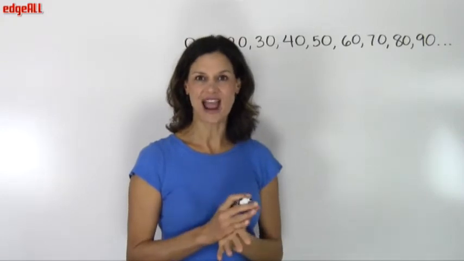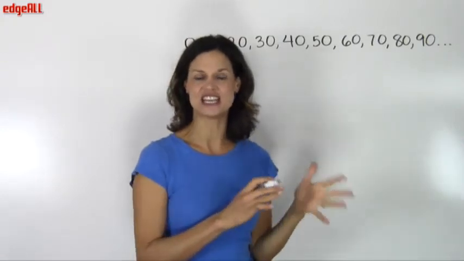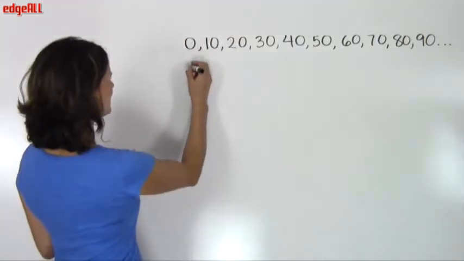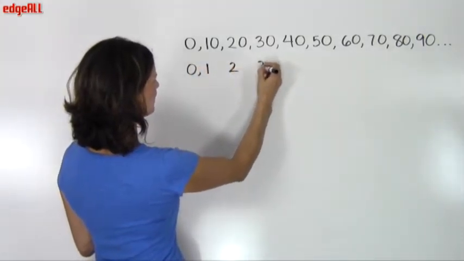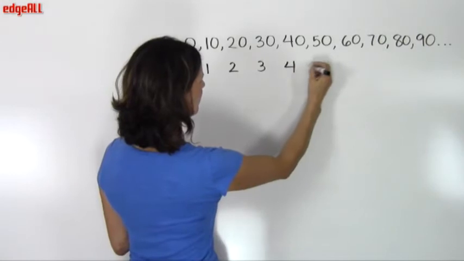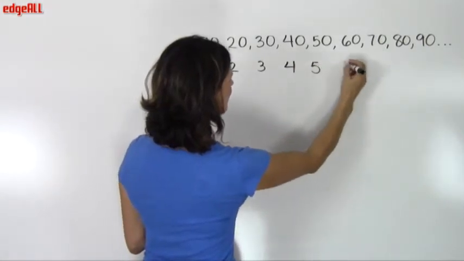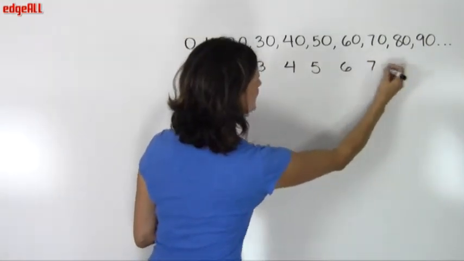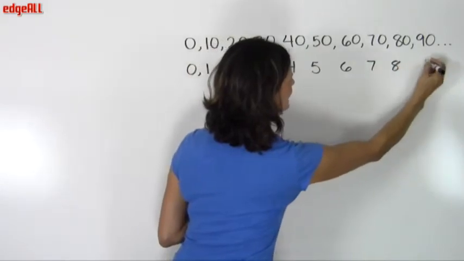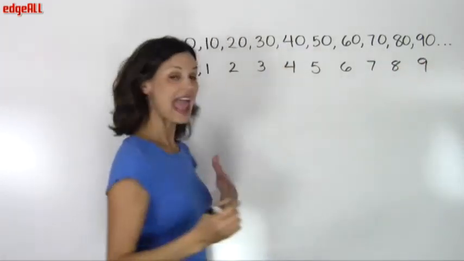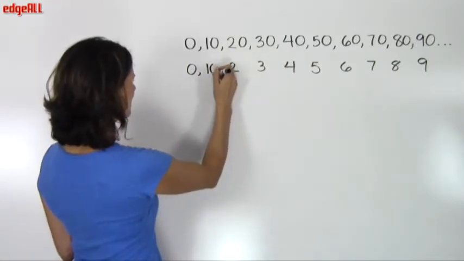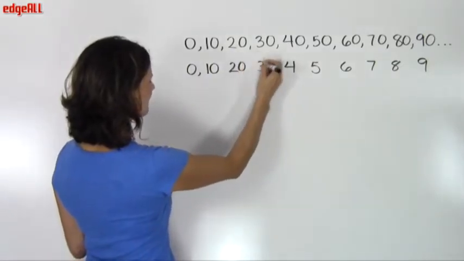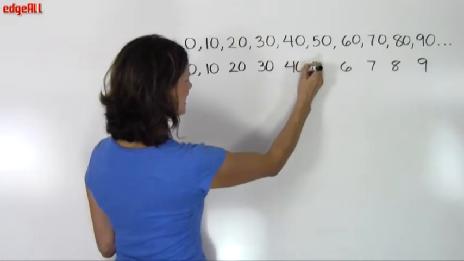So if we write our single digit numbers like 0, 1, 2, 3, 4, 5, 6, 7, 8, and 9, and then we attach a 0 to the end of the number, right after our single digit numbers.